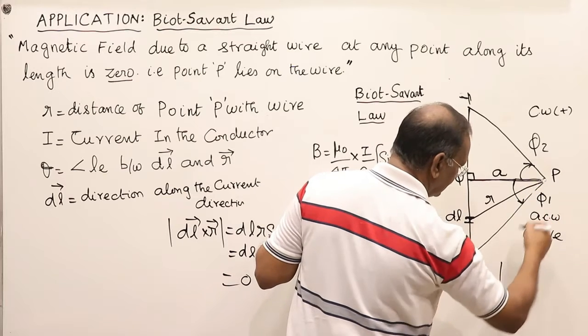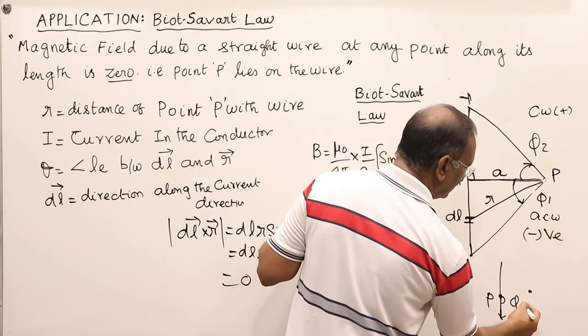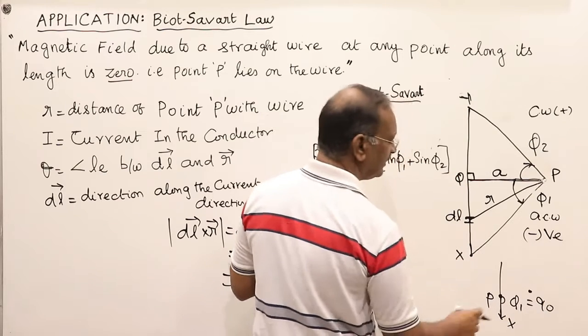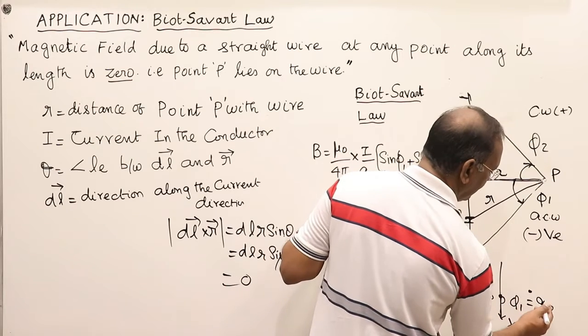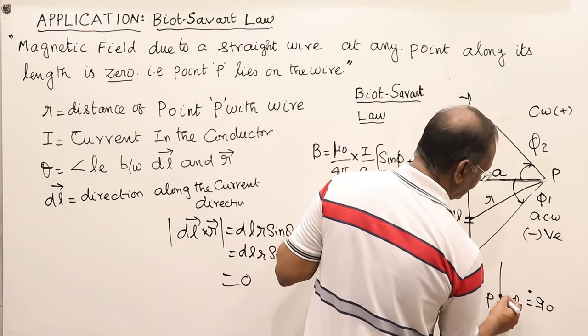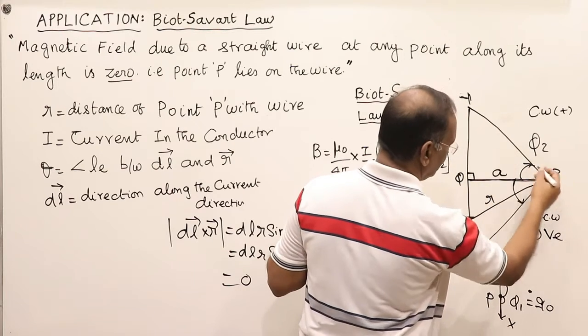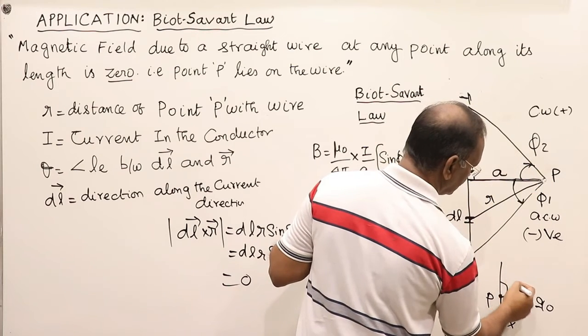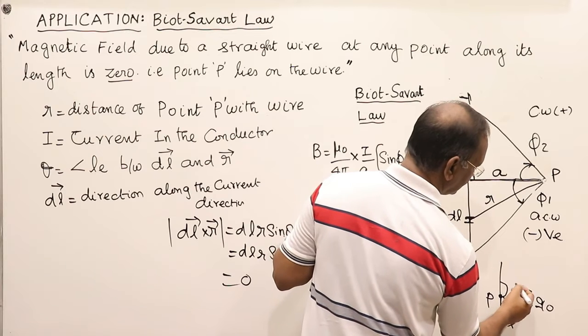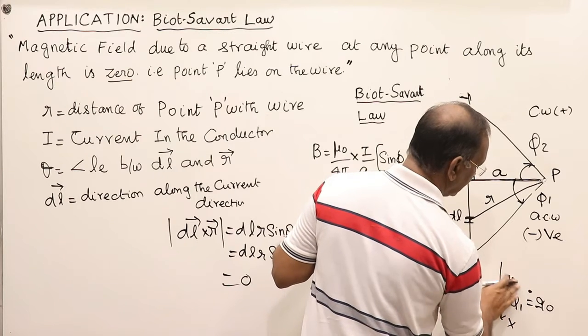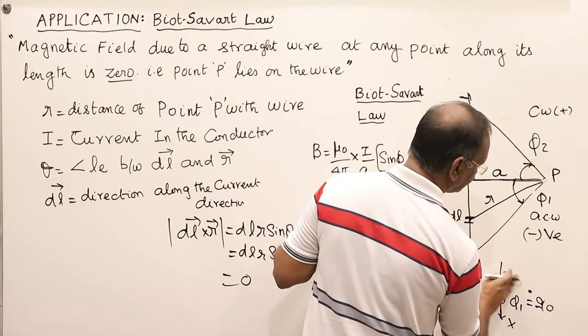From P we go anti-clockwise, here downward. If you take it as downward it would be minus 90 degrees, and from here we go up to the line joining P and Q. What is this angle?